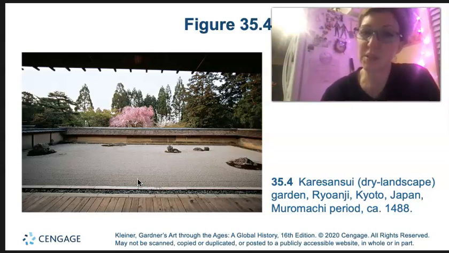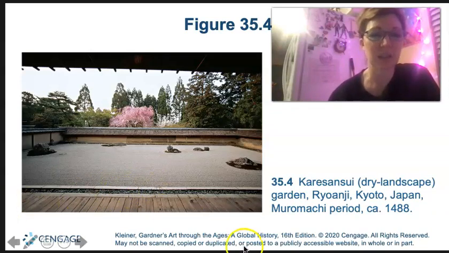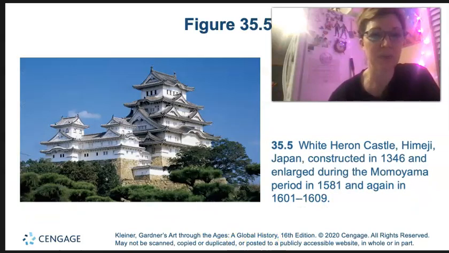Did you know the Chinese term for Japanese Zen is Chan? That's interesting. The upper echelon of the warrior class showed the greatest affinity for Zen teachings, which emphasized rigorous discipline and personal responsibility. Okay, you gotta stand up if you're gonna be a warrior.